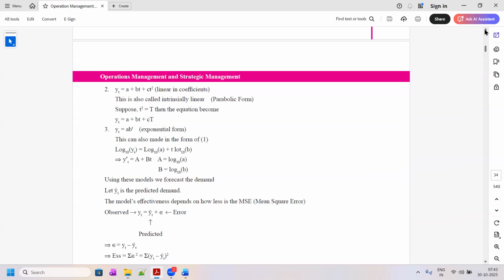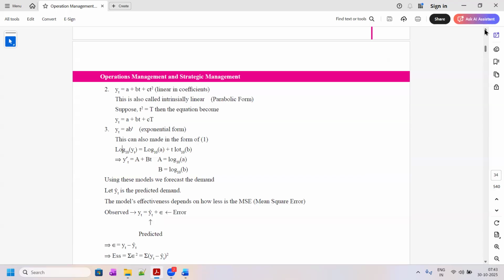Parabolic basically means the type of trend which is used when data does not increase or decrease evenly. The curve shows that the rate of change itself changes. For example, in the beginning, maybe the sales are going slow.